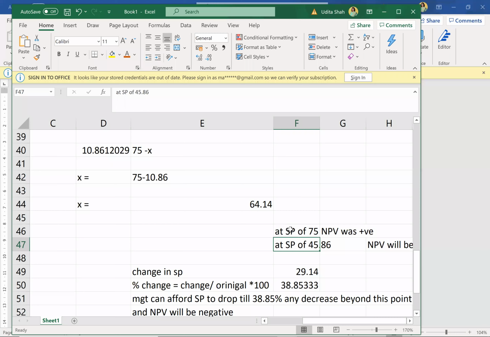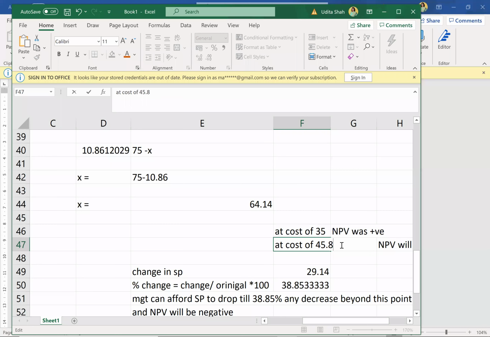Okay, so what is the original cost? The original cost was 35, and NPV was positive. At the original cost of 35, NPV was positive. What is the new cost? The new cost is 64.14. At 64.14, NPV will be 0.